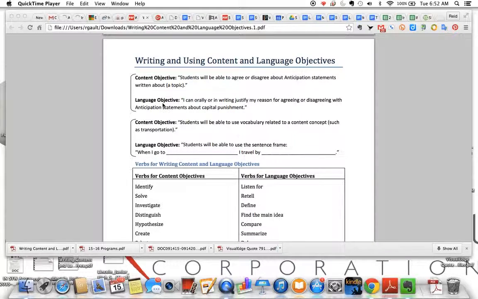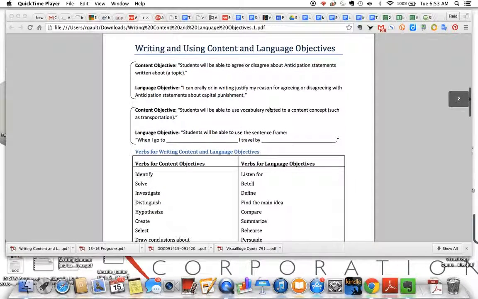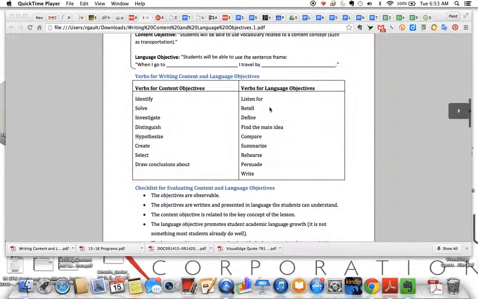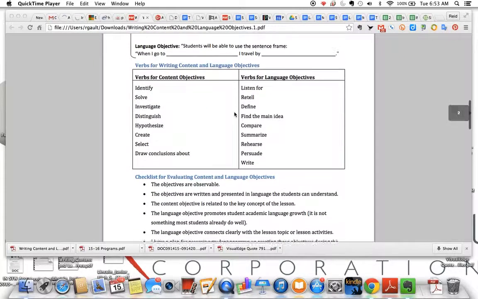The language objective is I can orally or in writing justify my reason. So again, that is the discussing or the writing, and that is how they are going to learn that.